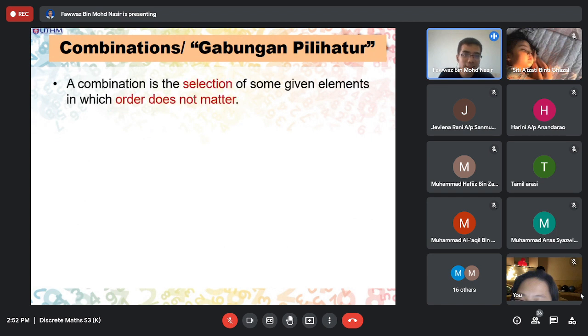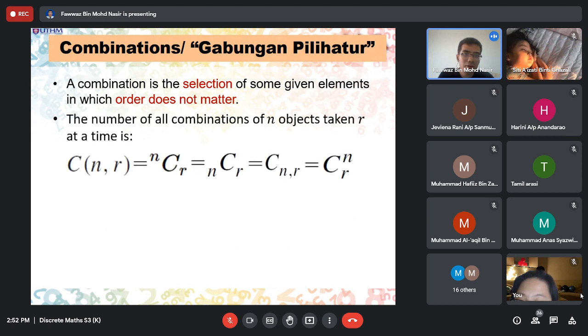So a combination is the selection of a subset of given elements in which order does not matter. Okay, so the number of combinations of n objects taken r at a time is C(n,r). So kita boleh denote combination ni in either of these notations.